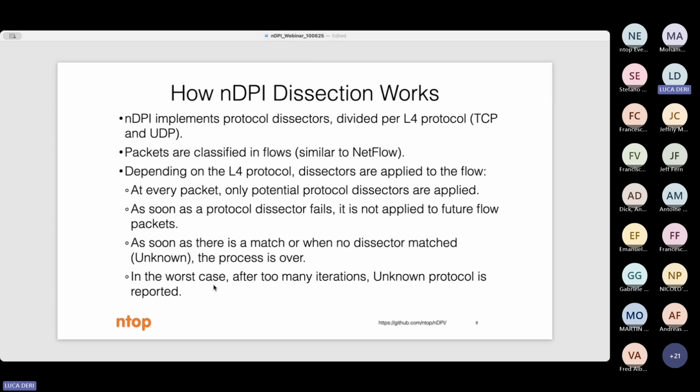And then if it doesn't match, you will go with another dissector, but only dissectors for UDP, because this is a UDP flow. If instead it's a TCP flow, you will start with TCP dissectors. In essence, this is an iterative process. If you are lucky, we can stop at the first dissector. If you are unlucky, we have to go through all the dissectors. And when no dissector matches the traffic, we have to mark this traffic as unknown.